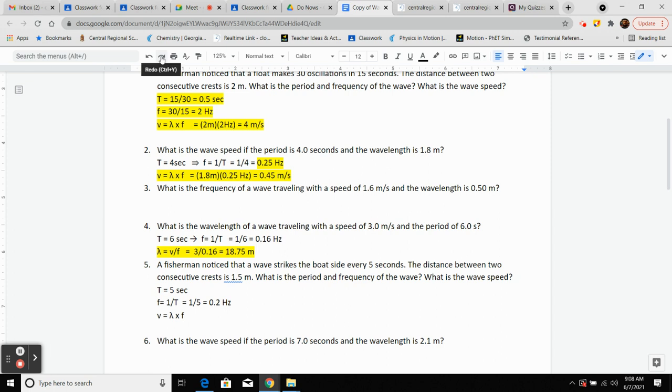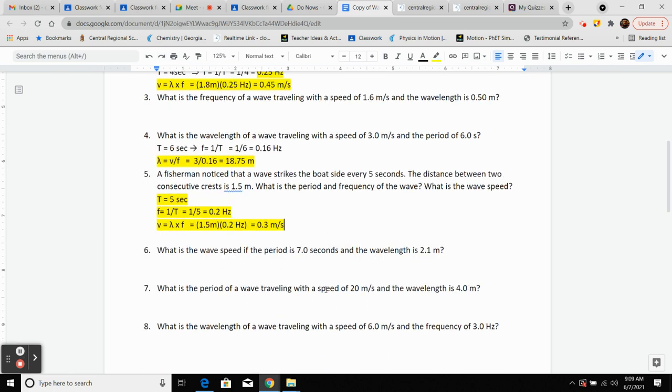Good, 1.5, because from our definitions, wavelength can be equal to the distance between two consecutive crests. So we have 1.5 meters times the frequency of 0.2 hertz, and we're going to crank out 0.3 meters per second.